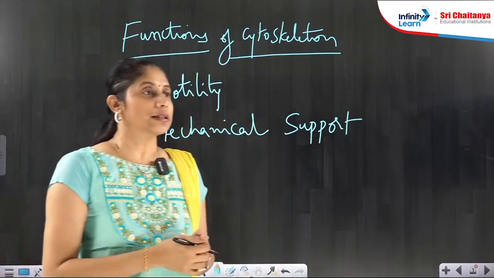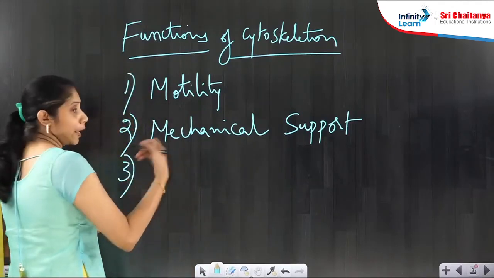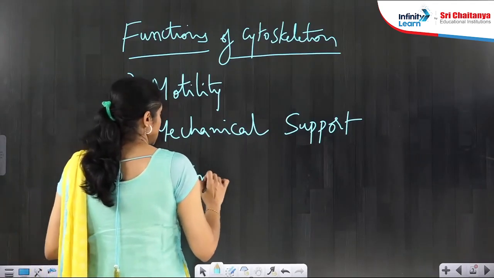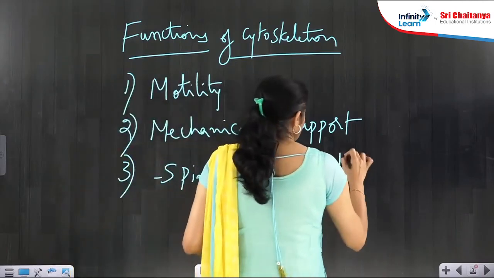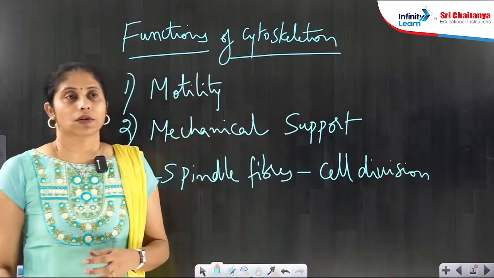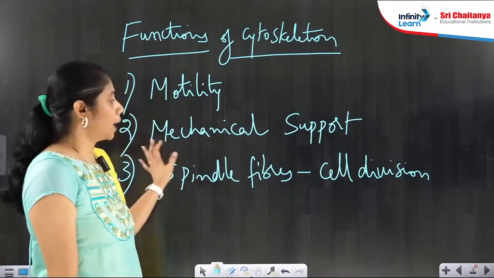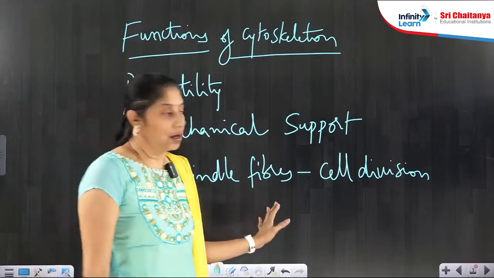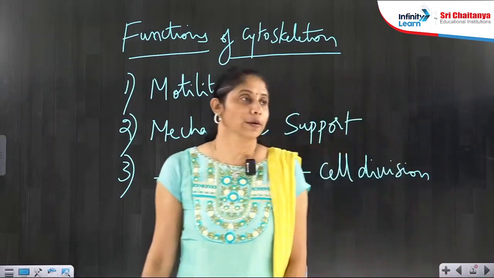Motility is the main function, and then mechanical support they provide. Microtubules are also involved in cell division; they form the spindle fibers and help in even cell division. So the cytoskeleton does several functions, but among them are motility, mechanical support, and the microtubules forming spindle fibers to help in cell division. These are all the functions of cytoskeleton.